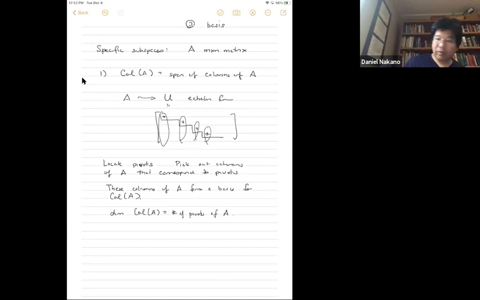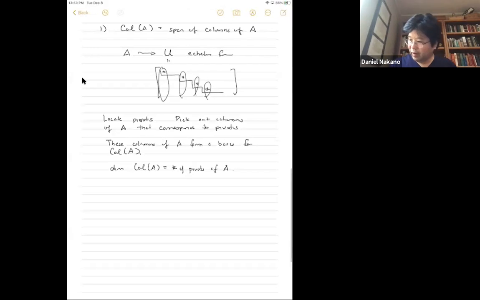All right, and then what we did, and we've done this like a zillion times, is the null space of A. This was the set of homogeneous solutions. So this is the set of x in R^n, the number of columns, such that Ax is equal to 0.